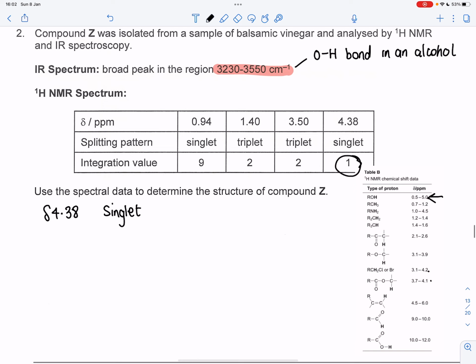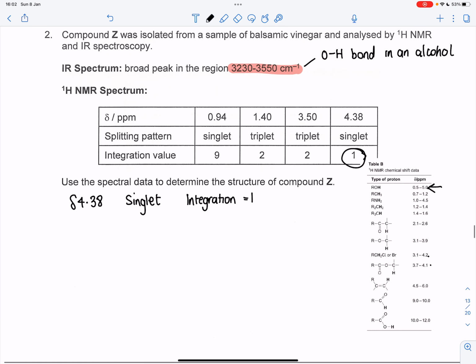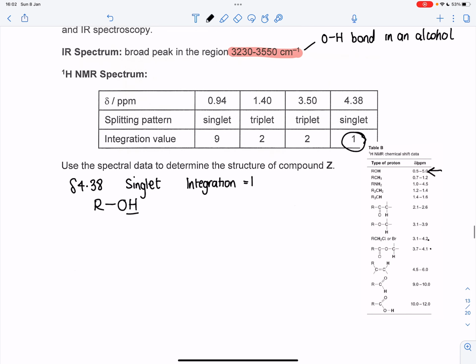And it's of integration 1. So it's got no next door neighbours. It's got one hydrogen of that type. So altogether, this is probably RROH hydrogen. So this is our OH proton.